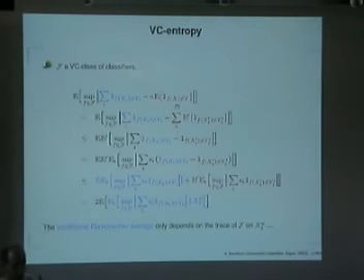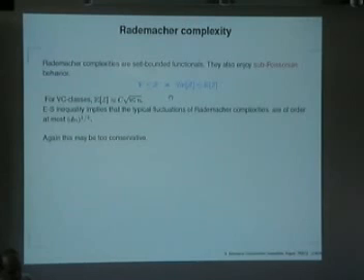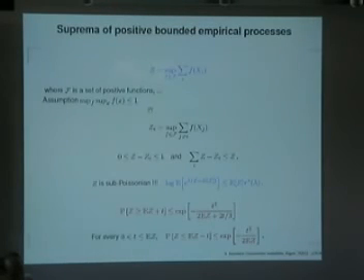This one is just a supremum of an empirical process, the centered empirical process. Well, let's first take it positive, because it's much easier, and we'll play again this familiar game.